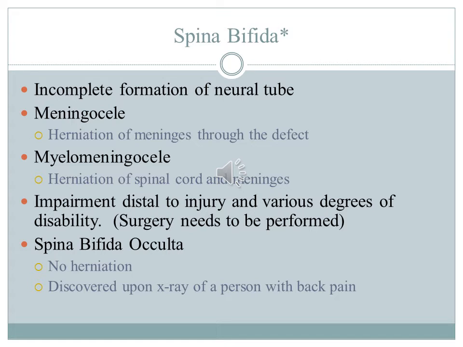They discover it on an x-ray, just randomly. Usually there aren't any major issues associated with this. They usually just go through rehabilitation for their low back, and they just proceed on.